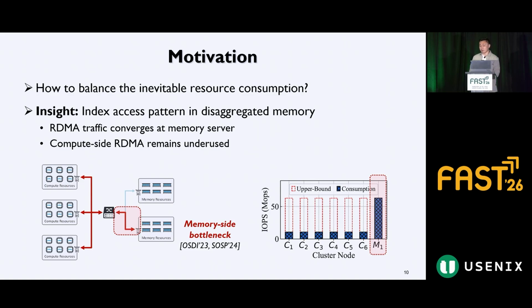With heavy concurrent accesses from the compute-side clients, RDMA traffic converges at the memory side, causing memory-side RDMA resources to become the bottleneck. Meanwhile, the compute-side RDMA resources remain underutilized. This provides an opportunity to break the RDMA resource utilization dilemma.